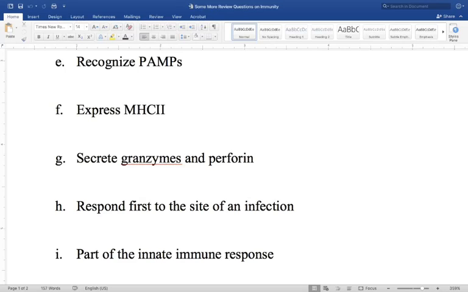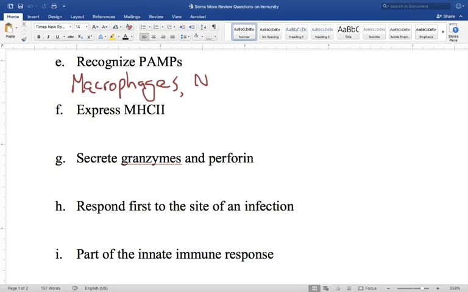So these are common features among pathogens, and these are bound by our cells that are involved in phagocytosis, with the exception that B cells are not involved here, because B cells bind by a different mechanism.